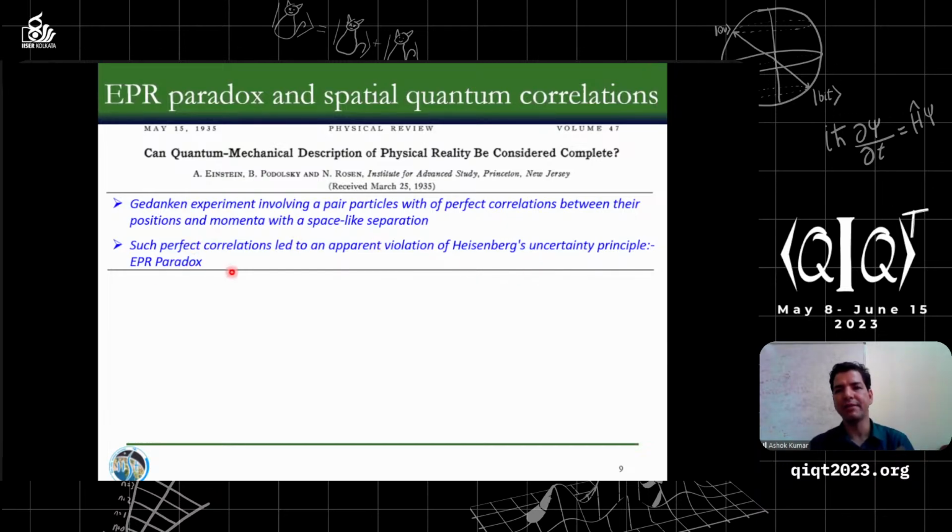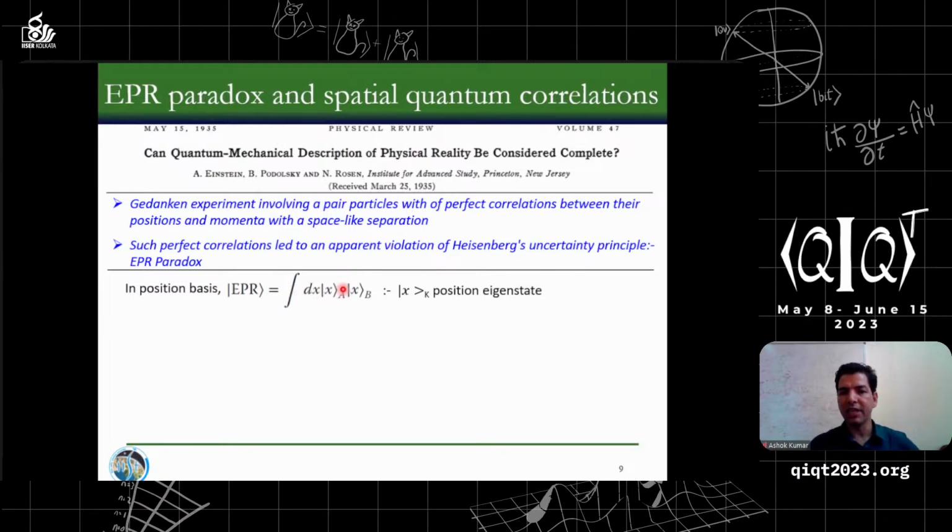How it appears, I will tell you. Mathematically, it's just simple quantum mechanics. If I write the state that EPR considered, with A and B as my two particles, in the position basis, I can write that state, which has perfect correlation in position and momentum, like this.